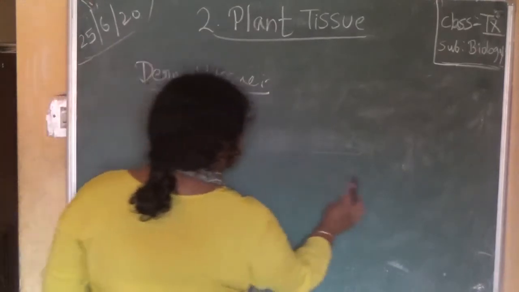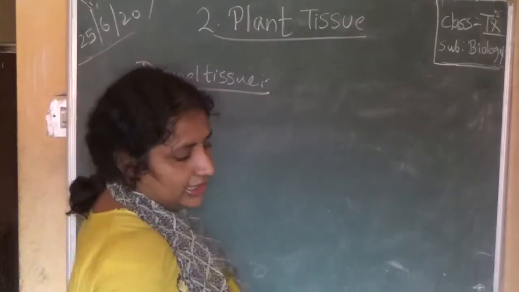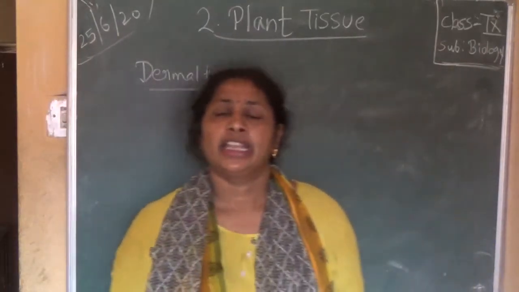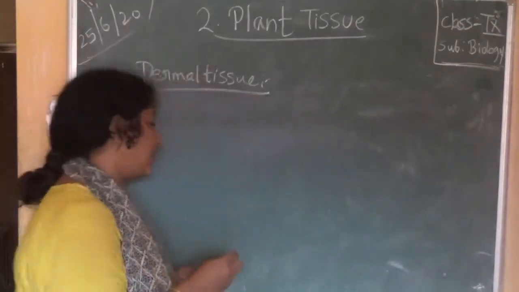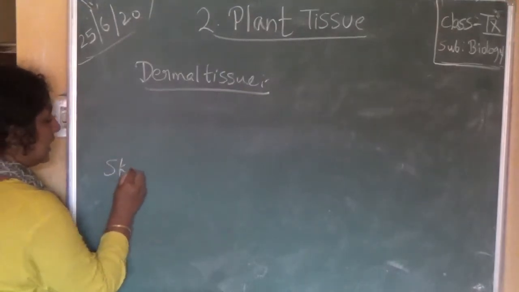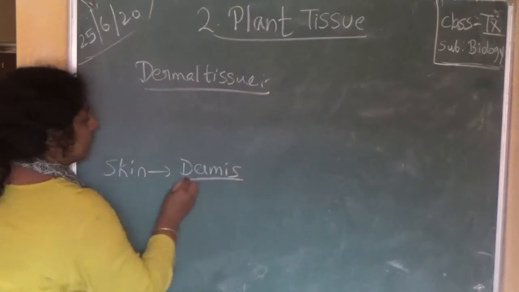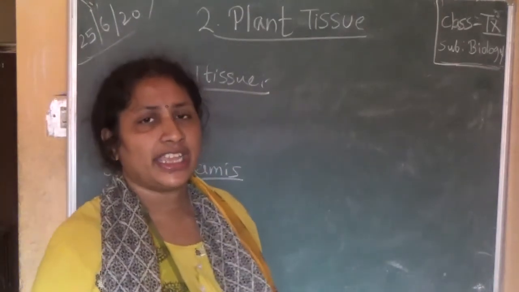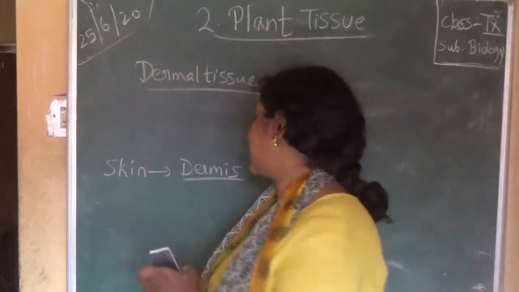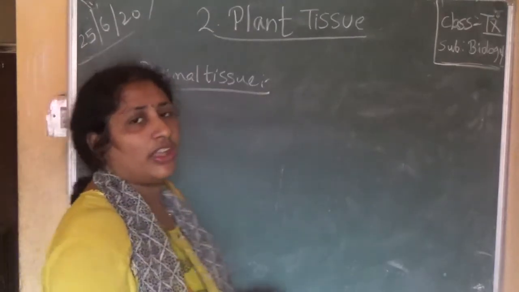Now coming to the next tissue, that is the dermal tissue. The name comes from derm. What do you call skin in science terms? Skin is called dermis. Dermis means covering.